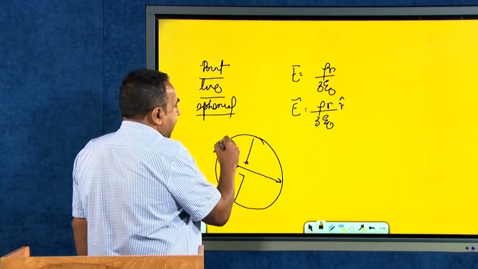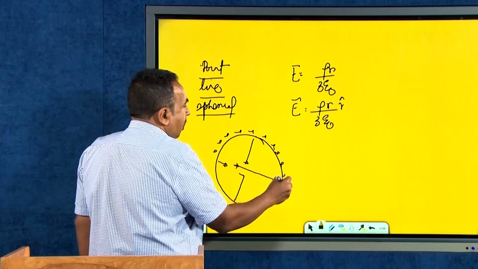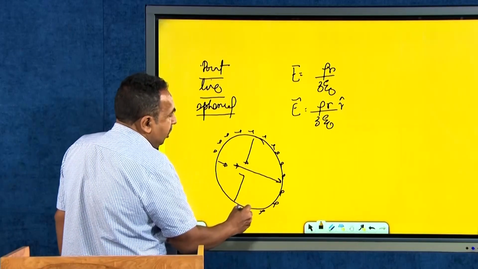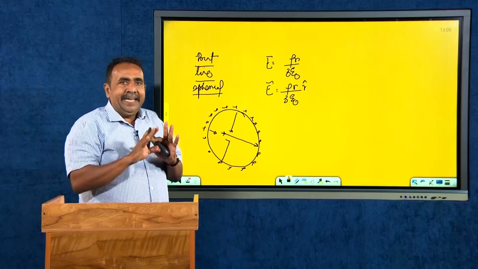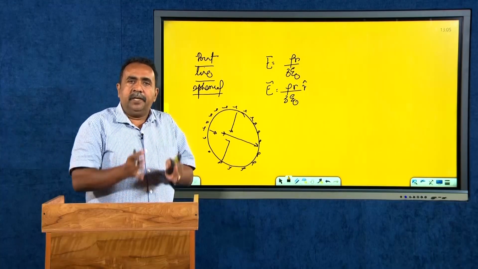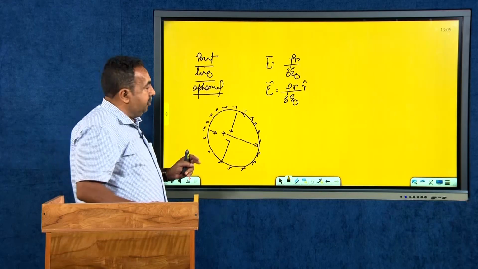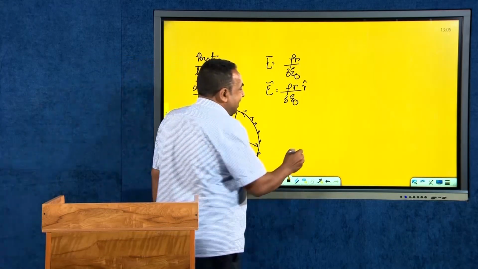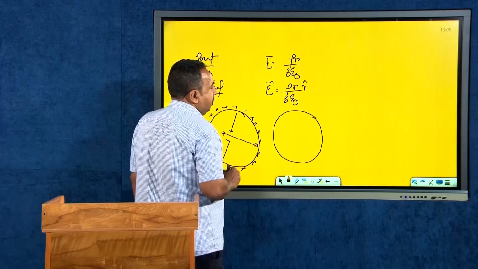And any charge I deposit inside a solid metal, all the charges will be moving to the surface. In the case of a solid metallic object, you will never be able to see any charge inside it.